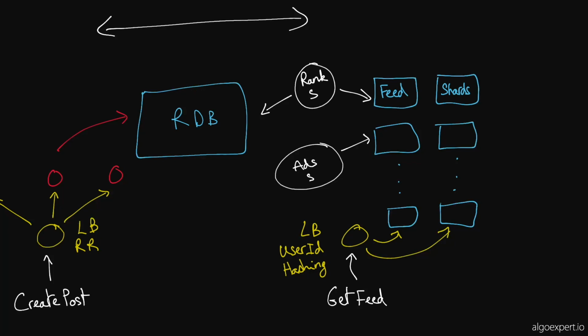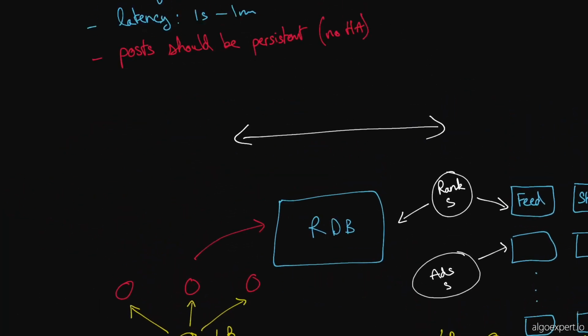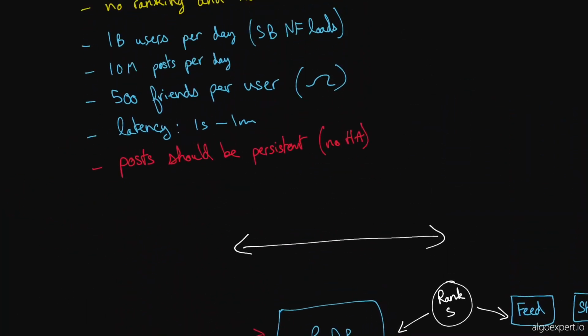So we said that we have, how many users do we say? We have 1 billion users per day. Yep. 10 million posts per day. I guess the 10 million posts isn't necessarily relevant here. We're really just talking about the number of news feeds that we would have to store in these feed shards.